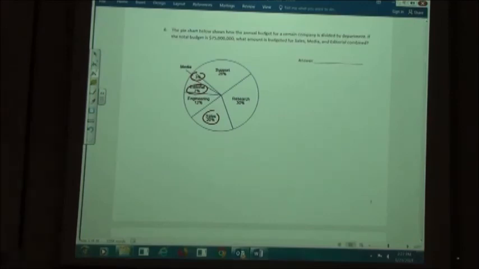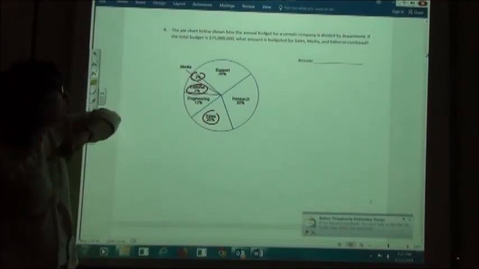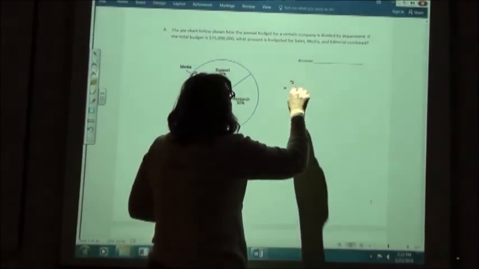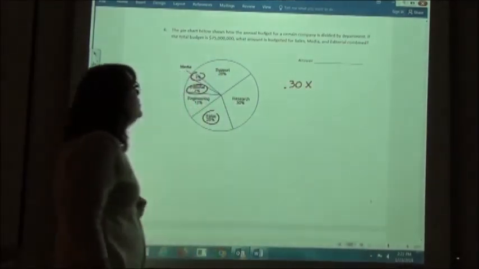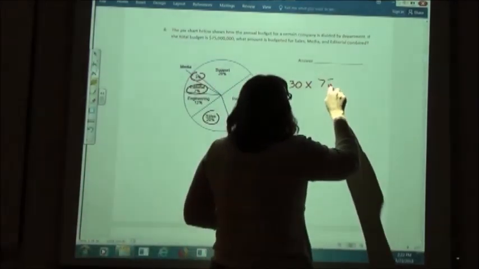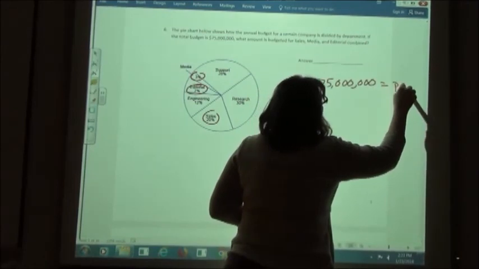We're going to add up our sales, our media, and our editorial. 20 plus 7 plus 3 gives us 30%. 30% times our total, and our total is 75 million, should then equal the part.